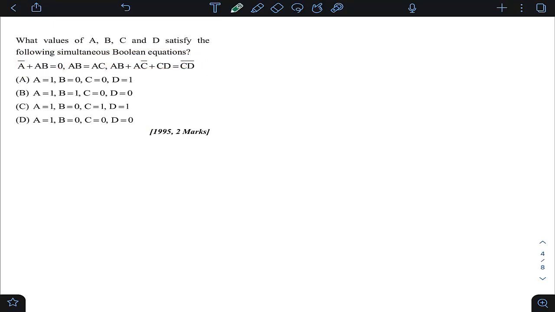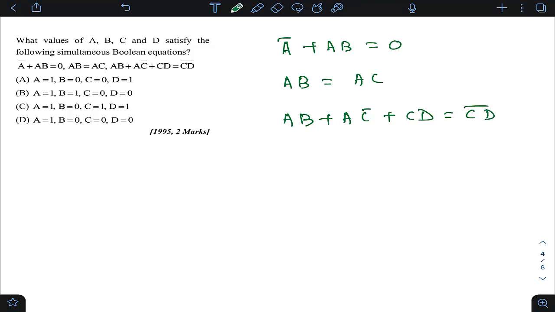Let me write the equations: a bar plus ab equals 0, ab equals ac, then ab plus ac bar plus cd equals cd bar.